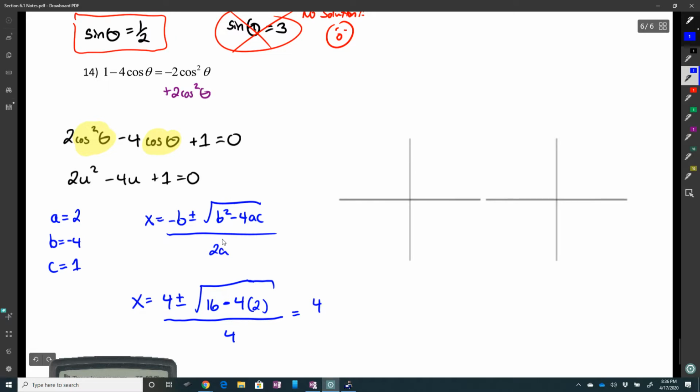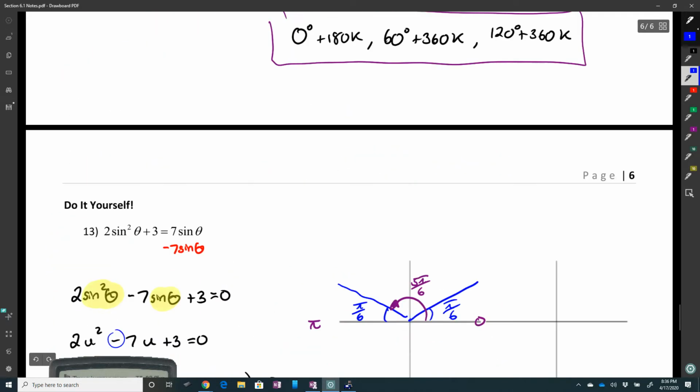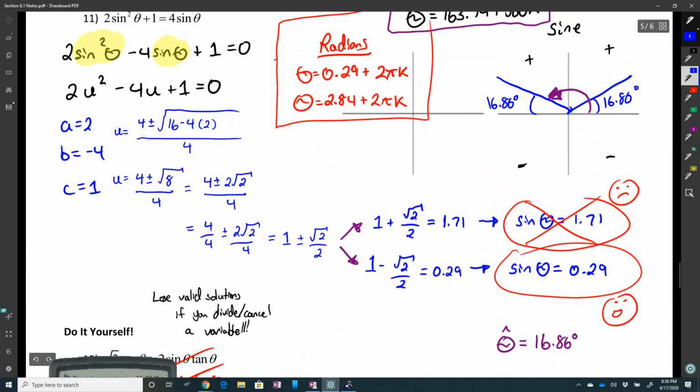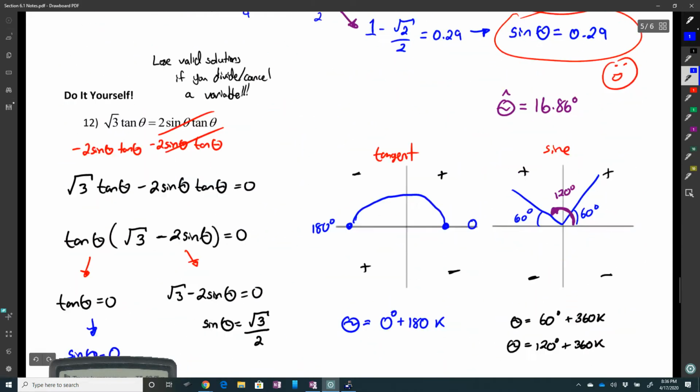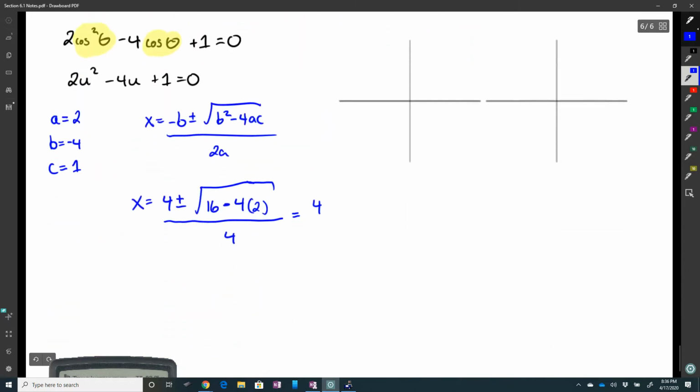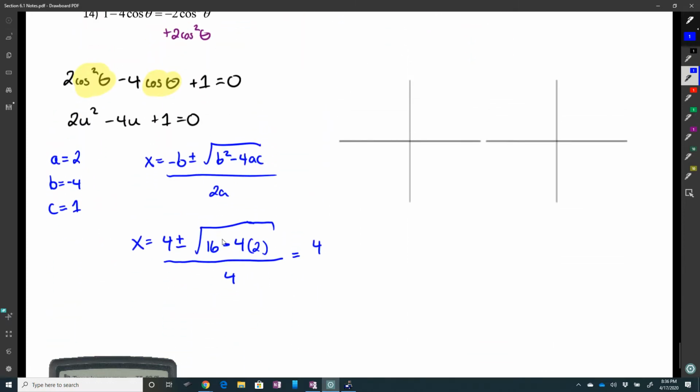Honestly, I think it's exactly the same, but with cosines. I got these from the book, so I should have checked. Okay, so we end up with 1 plus or minus square root of 2 over 2.